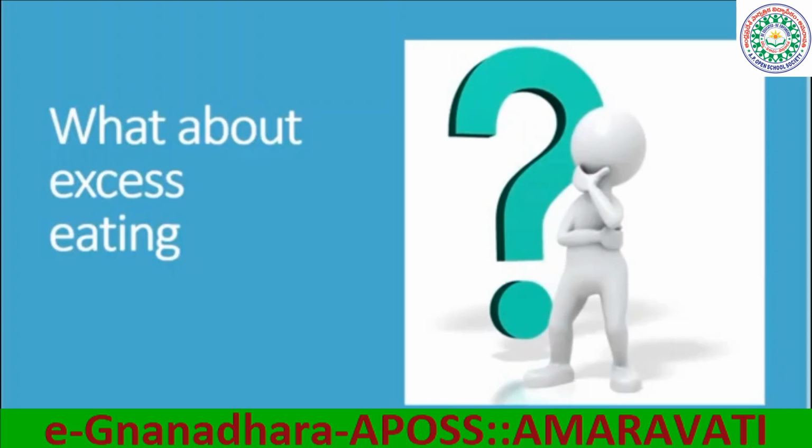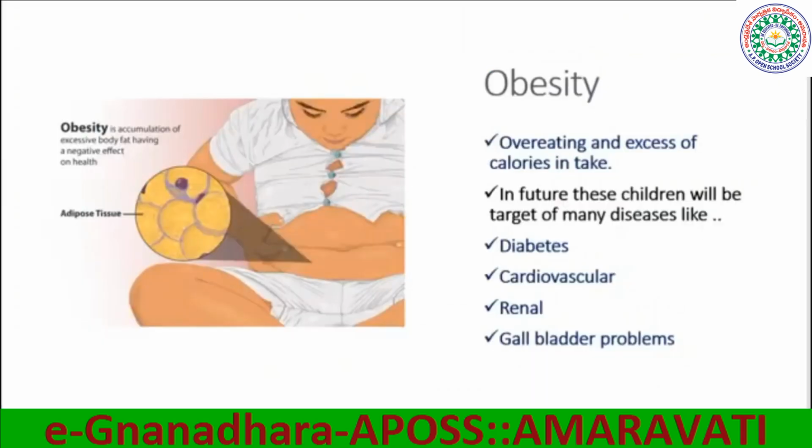What about excess eating? Here some persons or some children eat excess. They always eat excess food. So what happens to them? That leads to obesity. Obesity is accumulation of excessive body fat having a negative effect on health.